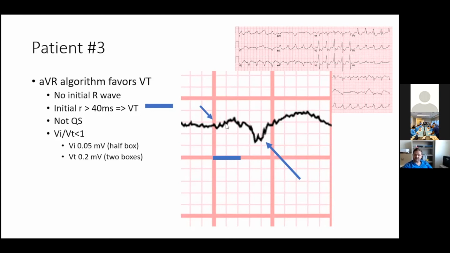And in that first 40 milliseconds, we are only moving up a half a box. And in our last 40 milliseconds of the QRS interval, we're going up at least 2 boxes. So the terminal forces are greater, so that would favor VT as well.